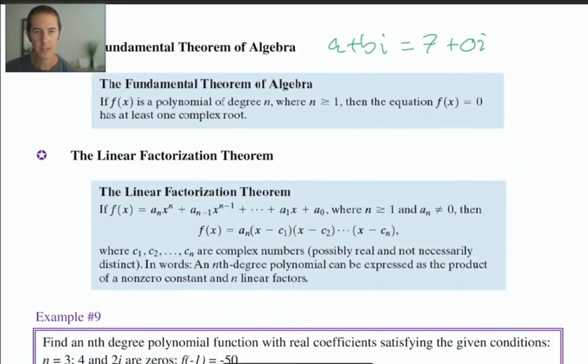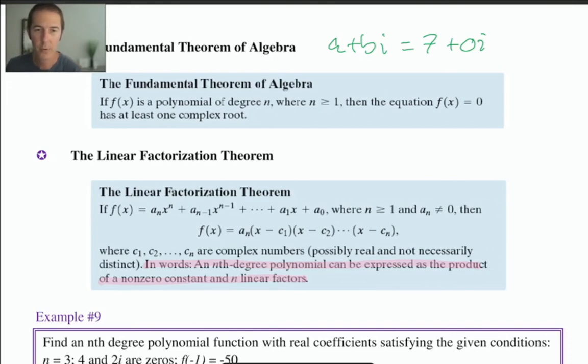Let's check out the linear factorization theorem. All this tells us is, and I'd like to skip down to here, in words, an nth degree polynomial can be expressed as the product of a non-zero constant and n linear factors. That's true. We're looking at an nth degree polynomial.